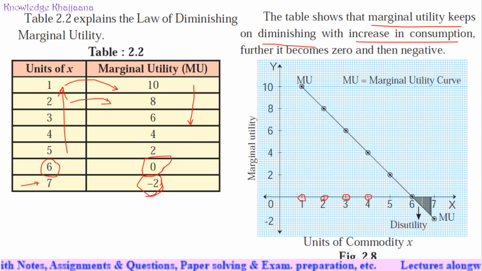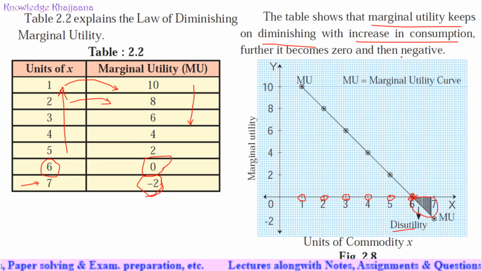At the fourth unit, it is 4. At the fifth unit, marginal utility decreases to 2. And with the sixth unit, as we have reached the point of satiety, the marginal utility is 0. Even if we continue consuming the product further, it goes to minus, that is, it becomes disutility. See, this part from 0 to minus 2 is called disutility, that is negative utility.